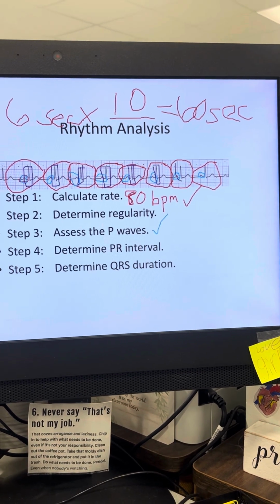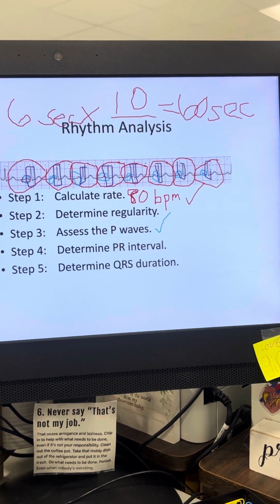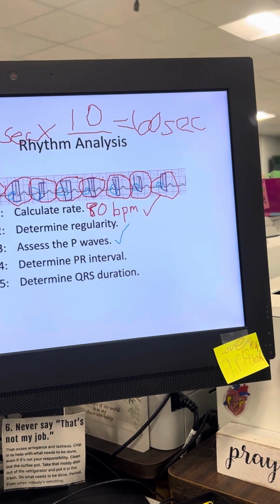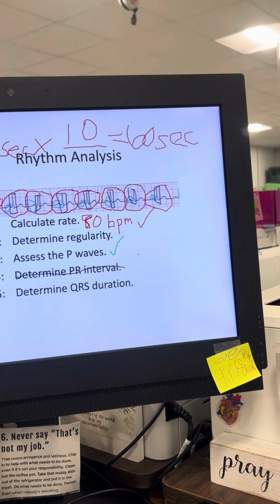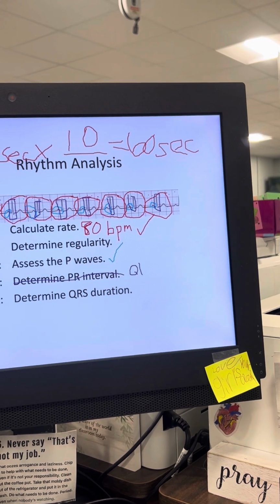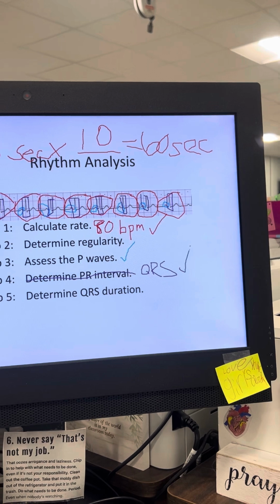So QRS, we want them to be tall and narrow, and they are, and they're sandwiched in between a P wave and a T wave. So we're not going to do this because I think this is an easier way to teach it. Q, R, S. And we're going to say check.